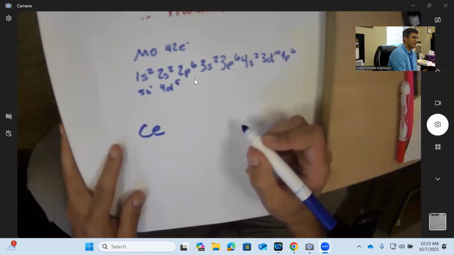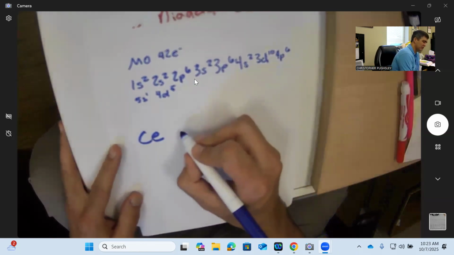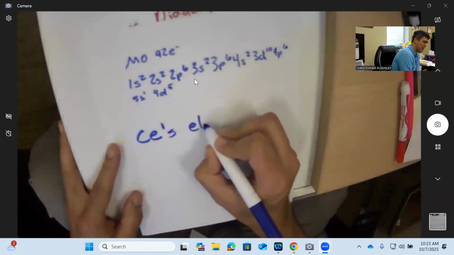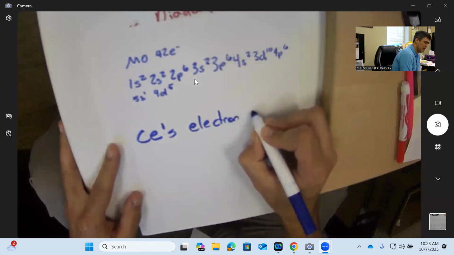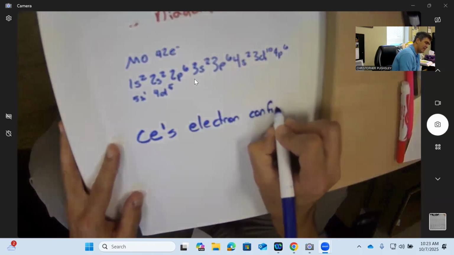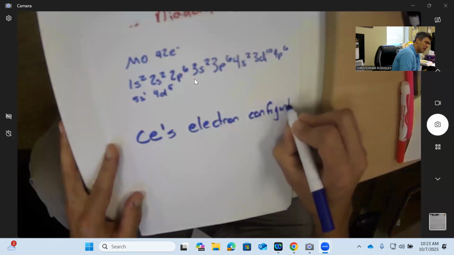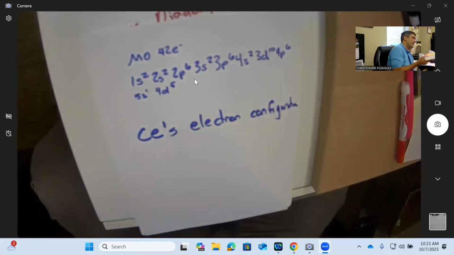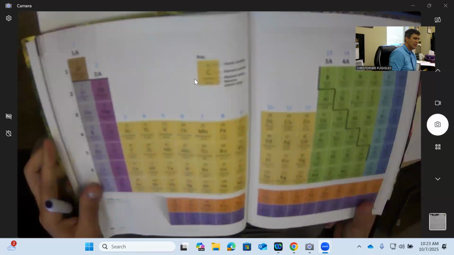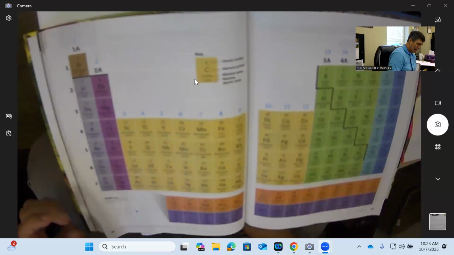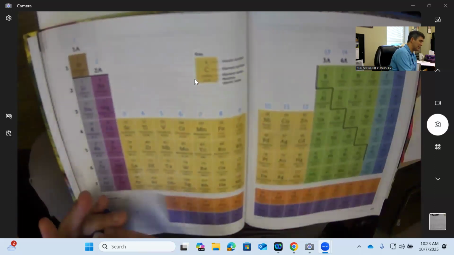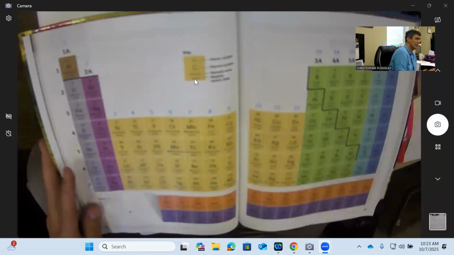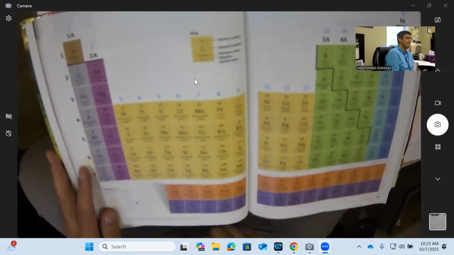We're doing cerium's electron configuration. And I would tell you to use the textbook, because again, it varies. Definitely use the textbook. This is why for this problem and some of these right here, we use a textbook.